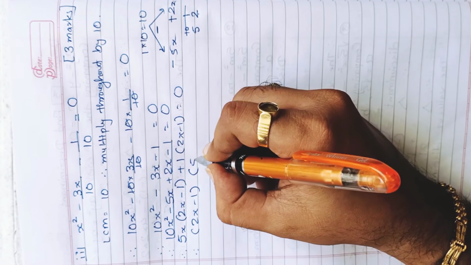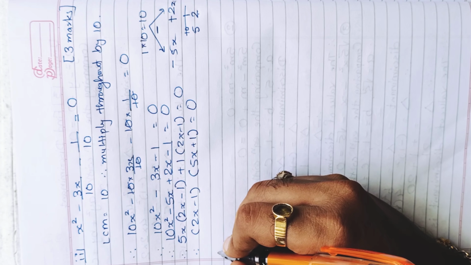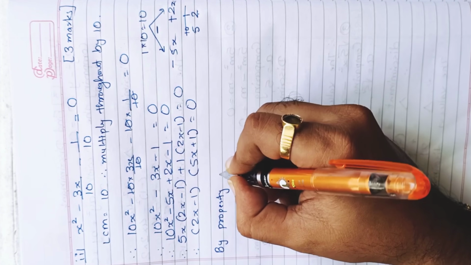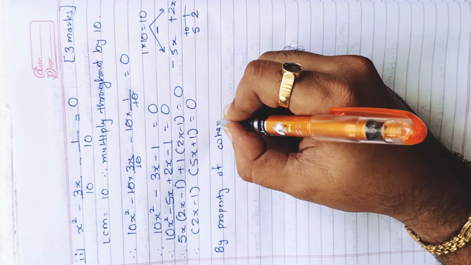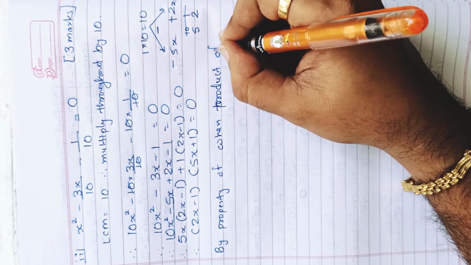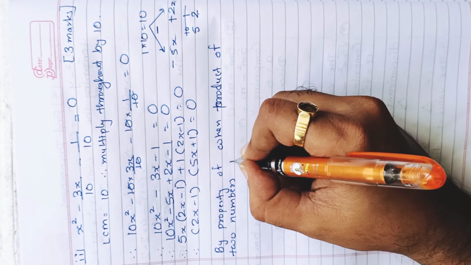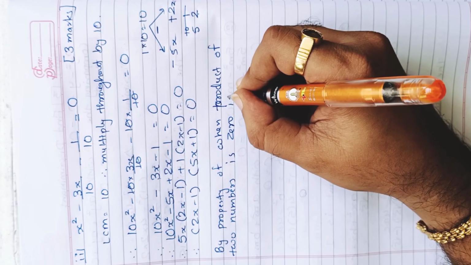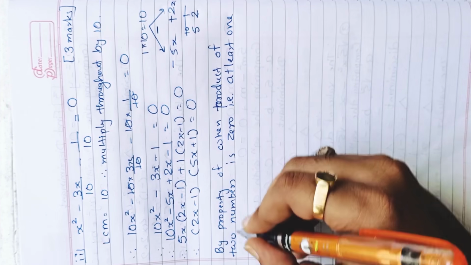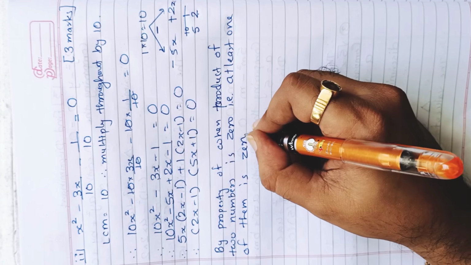2x minus 1 into 5x plus 1 equal to 0. Now what we have to write? Rule, that property. By property of when product of two numbers is 0, that is at least one of them is 0.